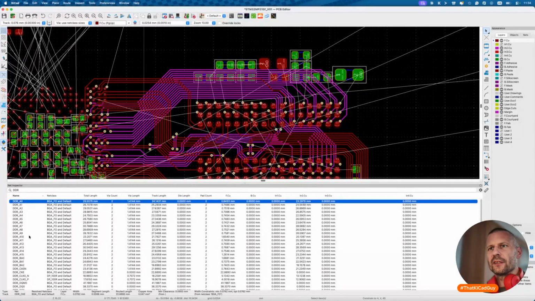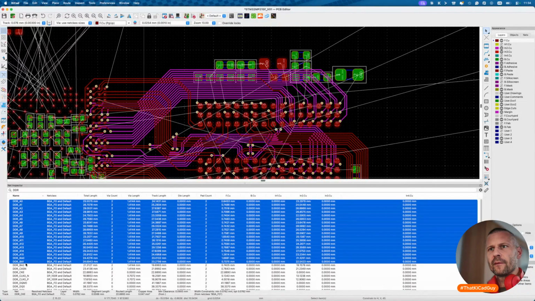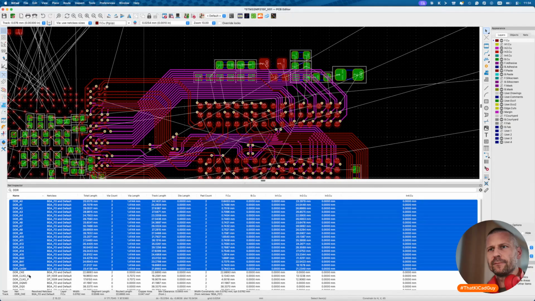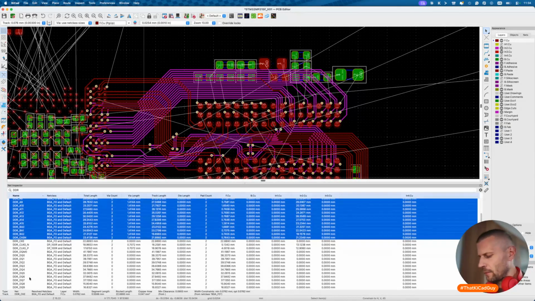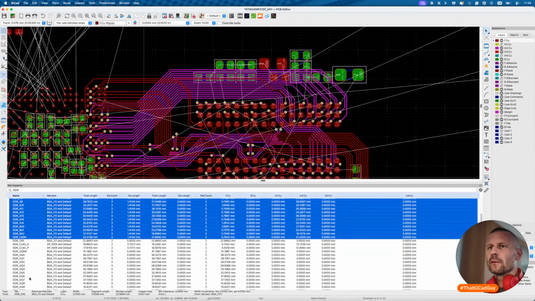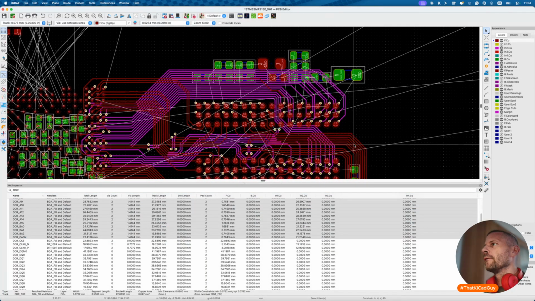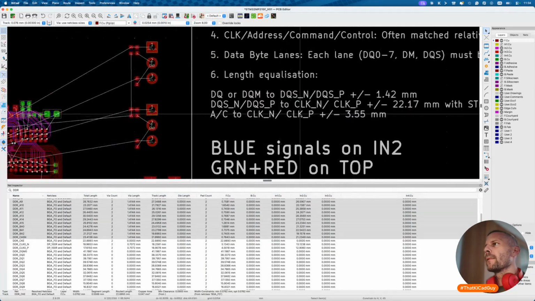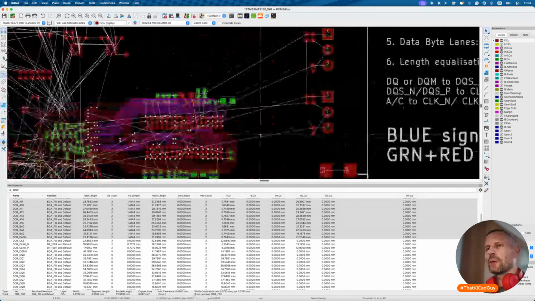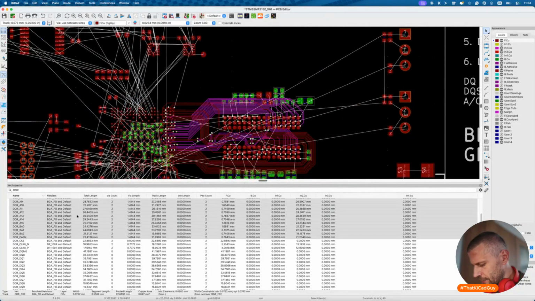And the addresses, control signals. Must be matched to clock. Clock is 17, it's very short.